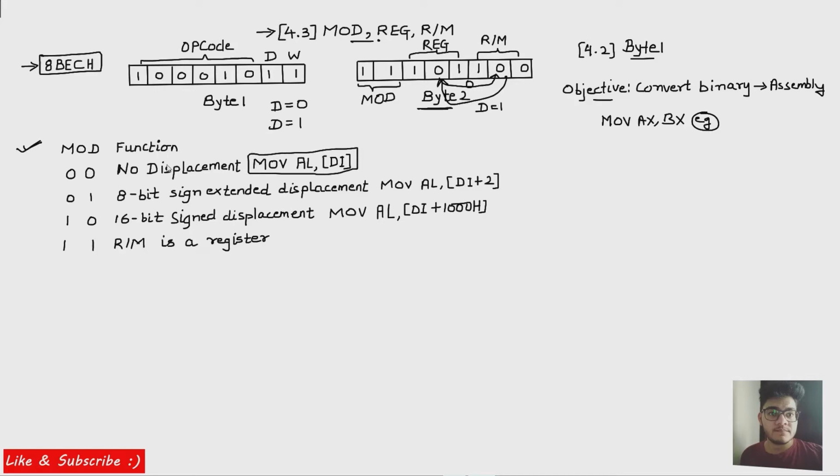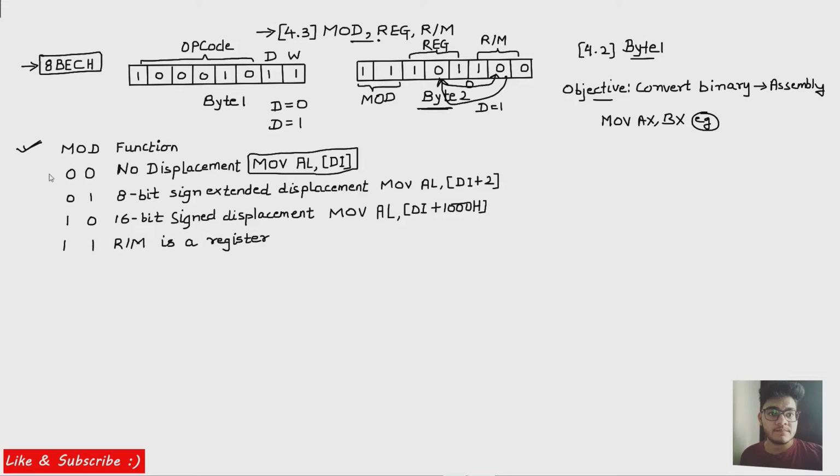So if the mod field is 00, it means first of all, r/m is not a register, it is a memory now. You can see it is r/m, which means we will have to select either a register or a memory.